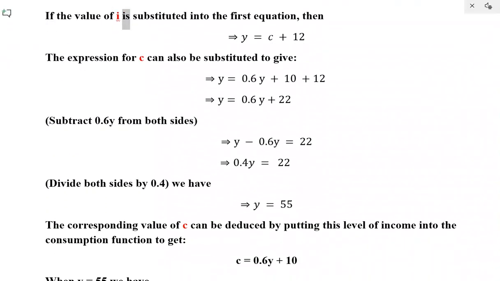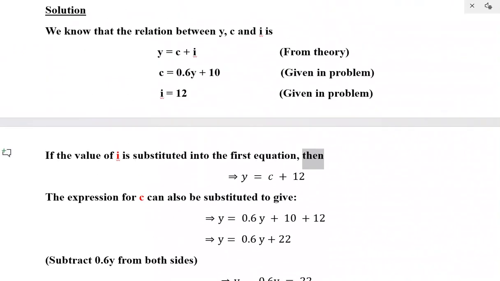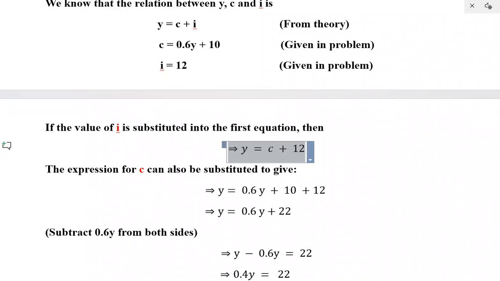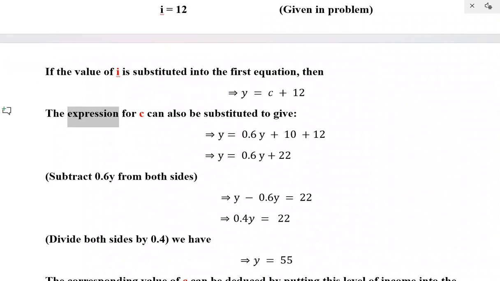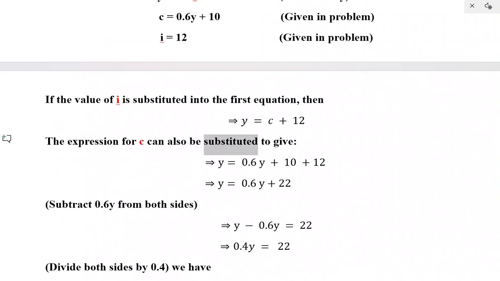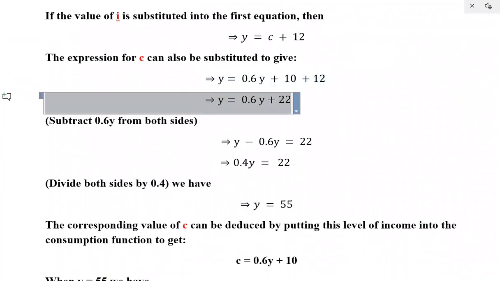If the value of I is substituted into the first equation, this implies Y equals C plus 12. The expression for C can also be substituted to give Y equals 0.6Y plus 10 plus 12, which implies Y equals 0.6Y plus 22.